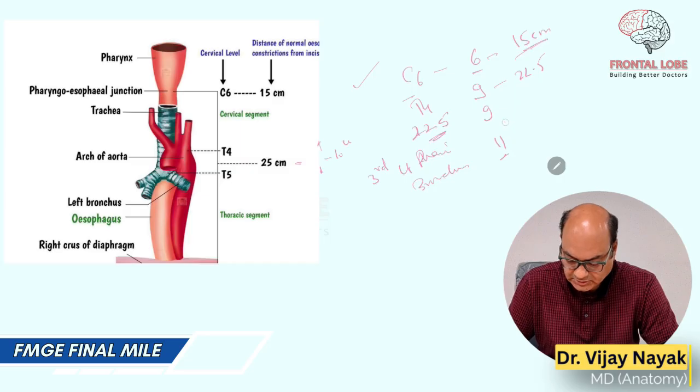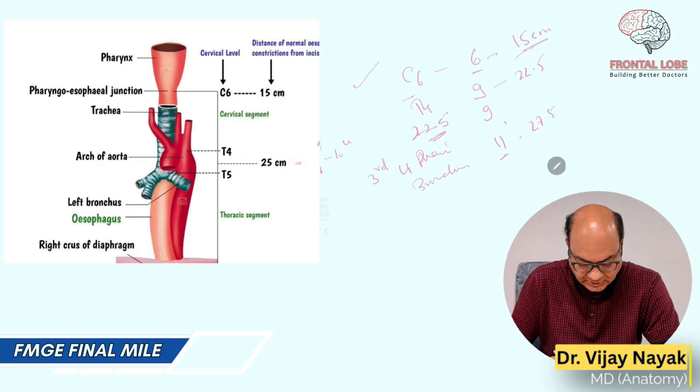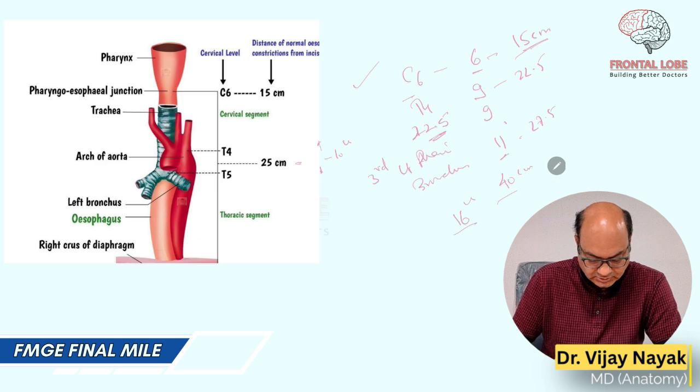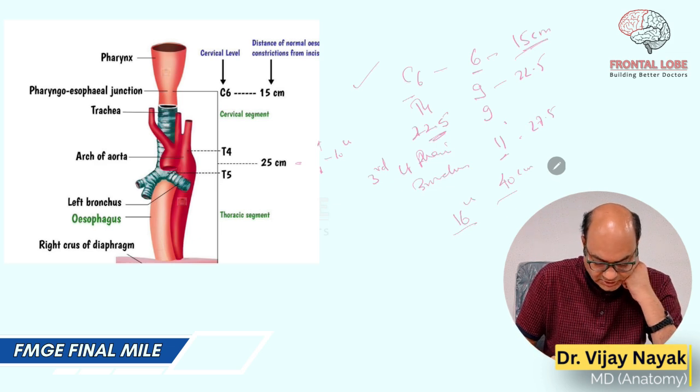The third constriction is 11 inches, 27.5. In between is 25 centimeters as seen in this figure. The fourth constriction is at the level of 40 centimeters, or 16 inches. That is at the esophageal opening, where the diaphragm is.